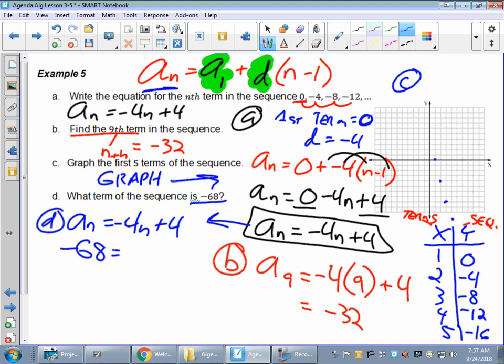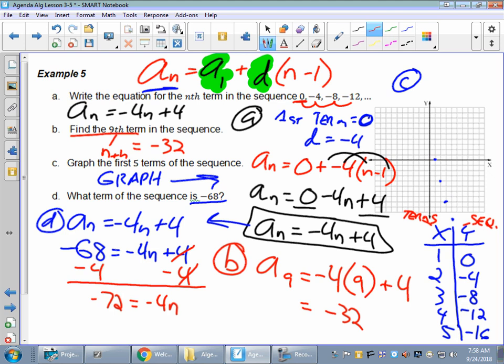And then we're going to basically solve for n to find out what term is -68. I've got my plus 4 here. So how do I go about solving this algebra problem? Basically a 2-step algebra problem. Just subtract 4 from each side. So now these sides cancel out, and we're left with -4n on the right side, and the left side goes to -72.